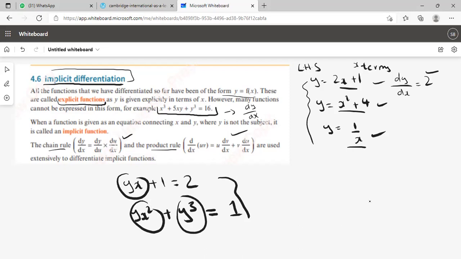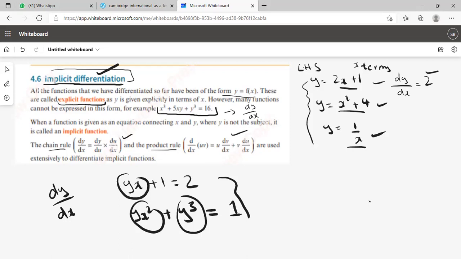In this case, I can separate y easily. I can make y the subject. But in cases like these, when you cannot make y the subject of the equation, when you cannot explicitly write y in terms of x, we use implicit differentiation to solve such cases. Okay, the question is the same, to find dy by dx.